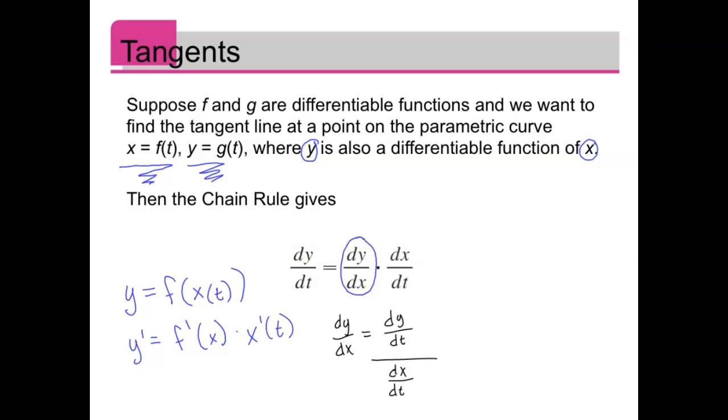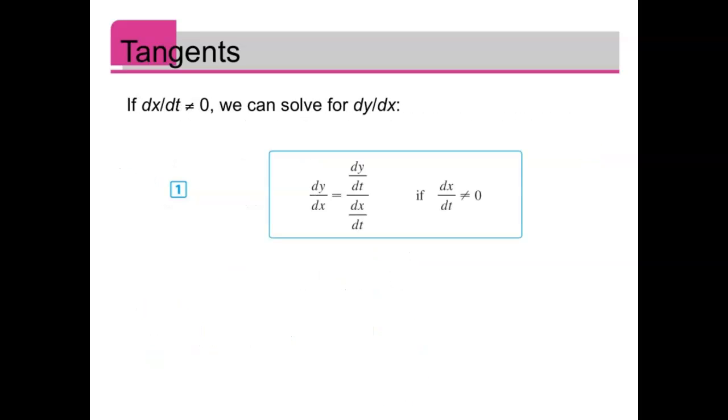Meaning it's just the derivative of the y function with respect to t divided by the derivative of the x function with respect to t. And that's it, as long as dx dt is not 0.